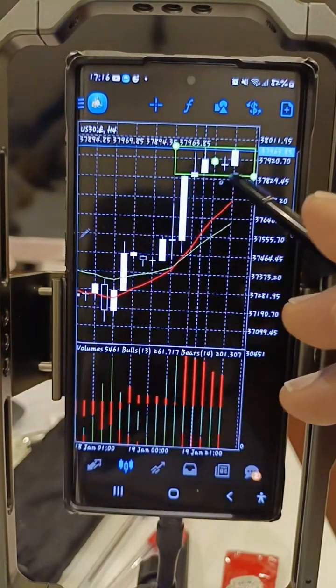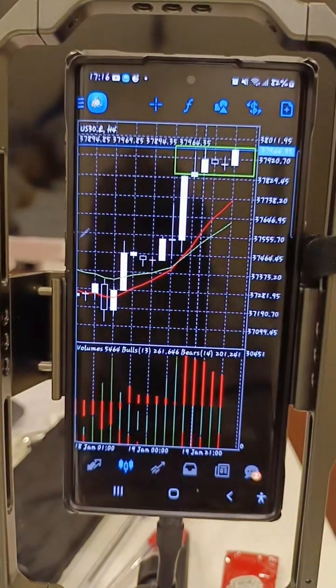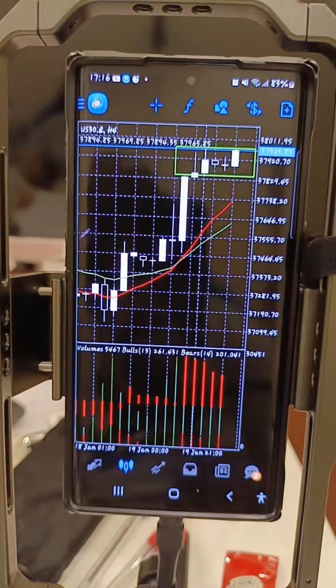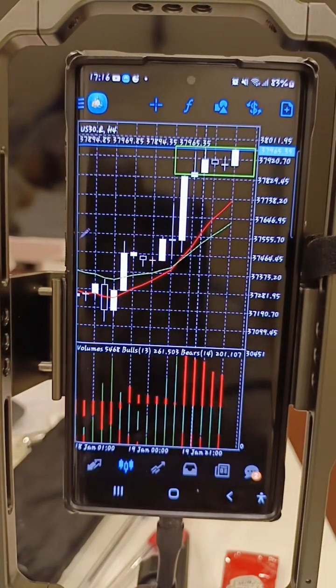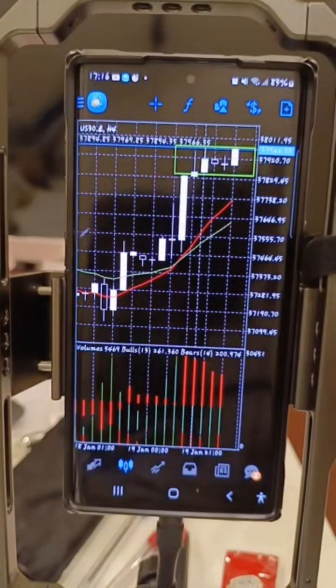So I'm waiting for the New York market to open, or the US market to open, where more volume is in the market. So looking clearly, you can see from here.